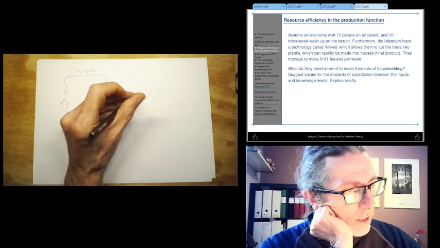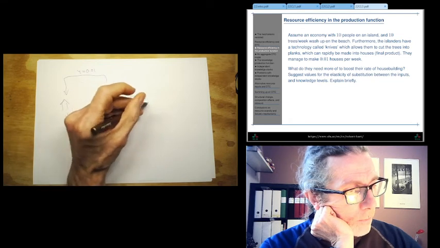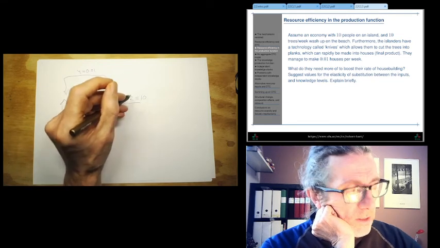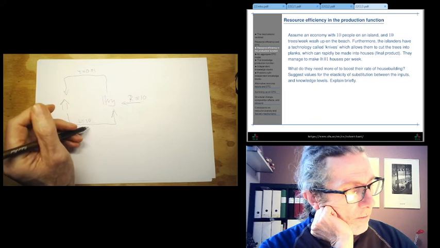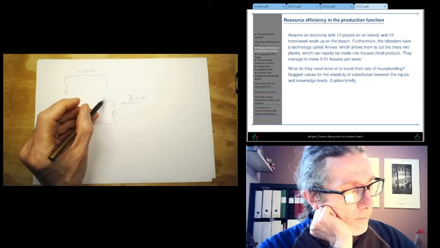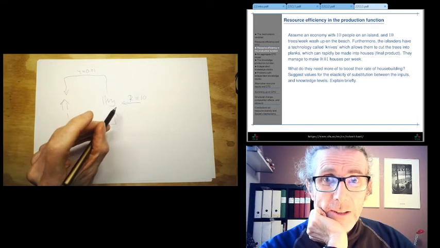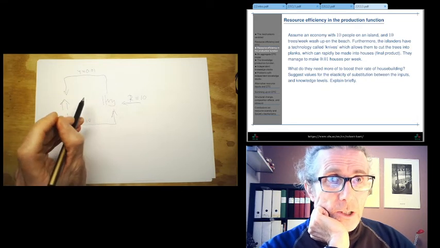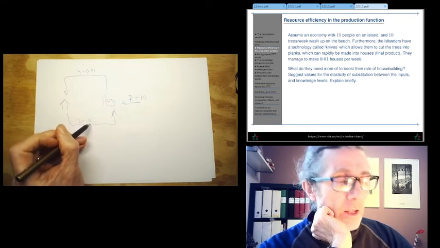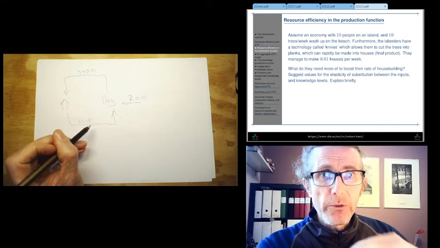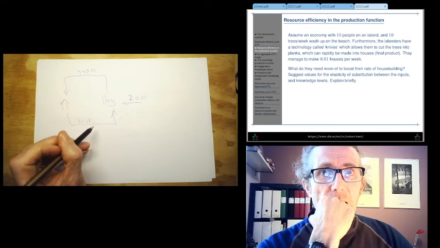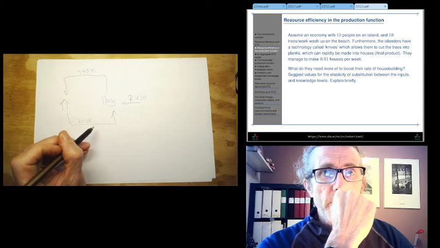So it seems like there are way more trees than they can use given their knife technology. They're cutting up the trees with knives, 10 of them are washing up on the beach a week, and there are only 10 people. Clearly they're not able to use all of these trees.